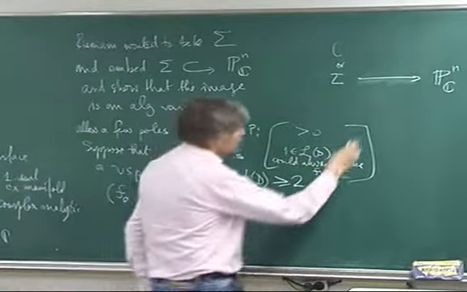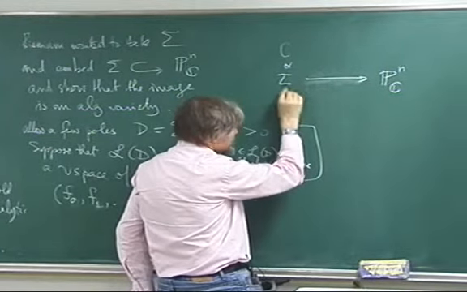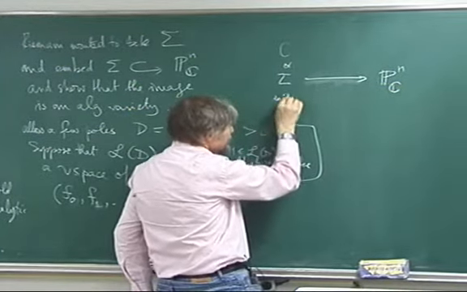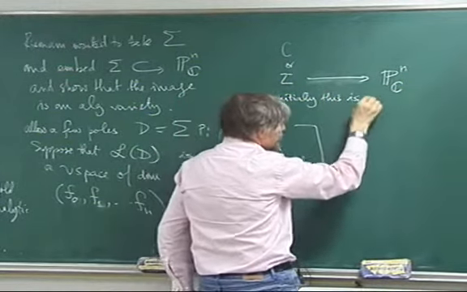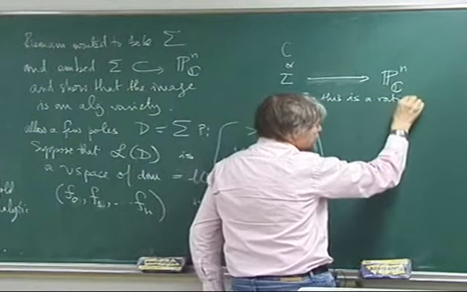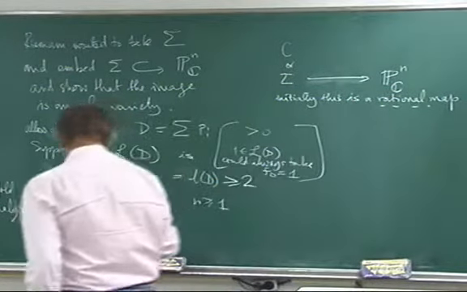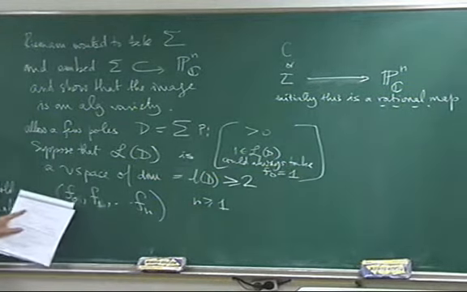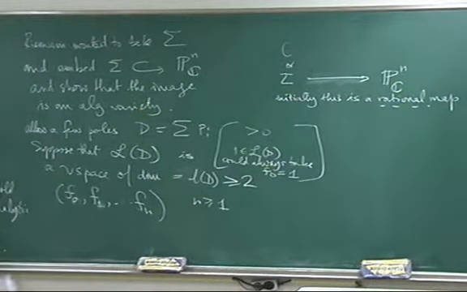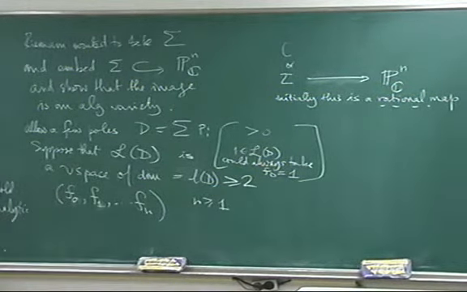And now, as I explained, initially this is a rational map. It's only a rational map because these are meromorphic functions, so certainly some of these guys take the value infinity, and it might also happen that all of them simultaneously are 0.